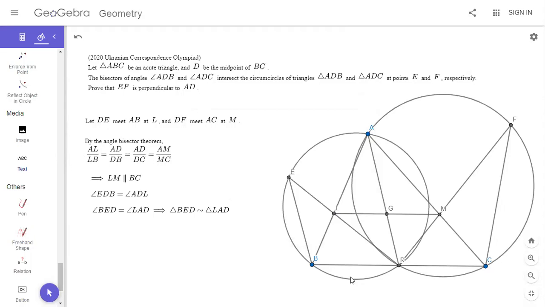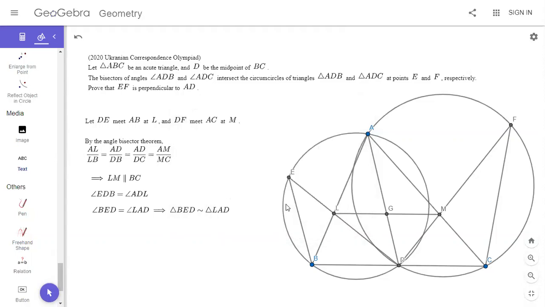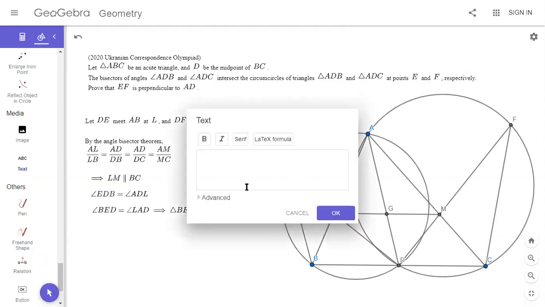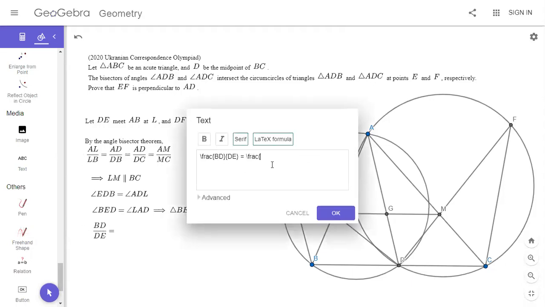That means BD over DL is equal to BE over AD, that's LD over AD.